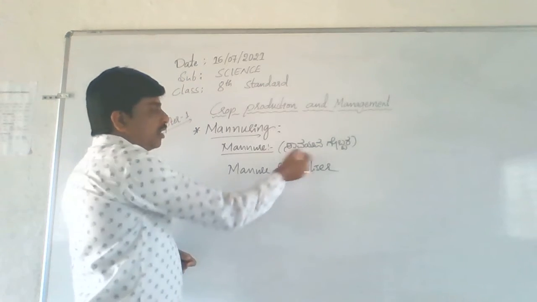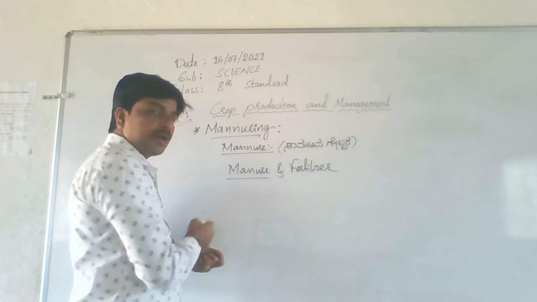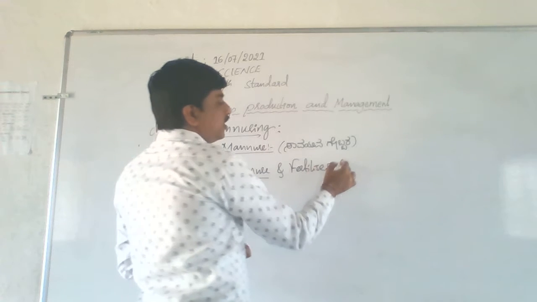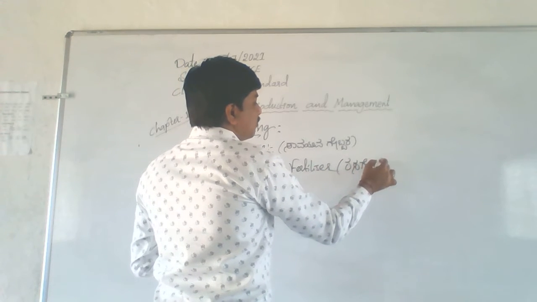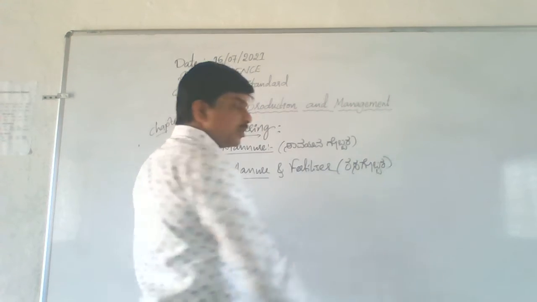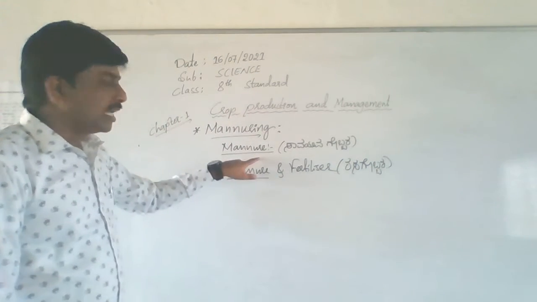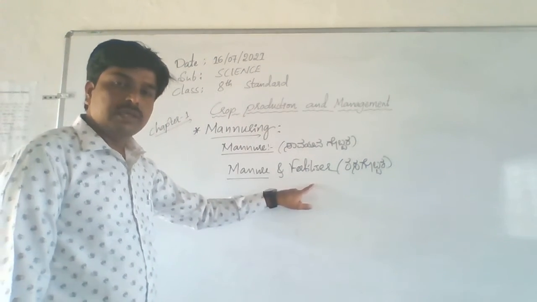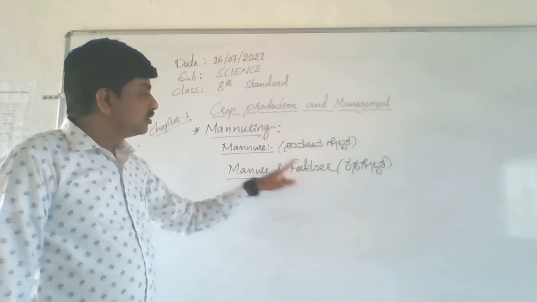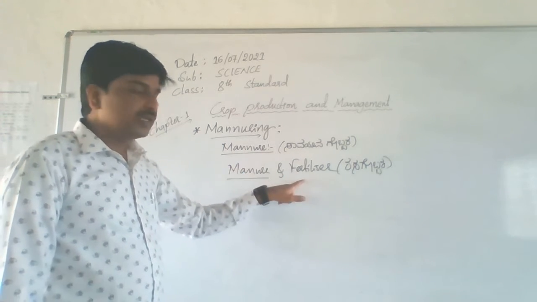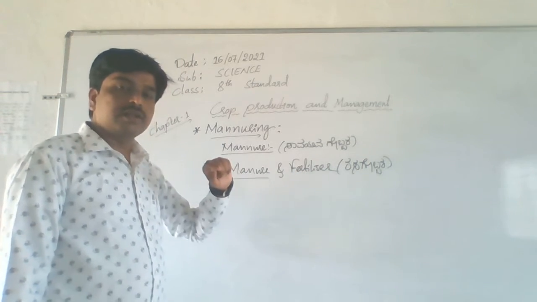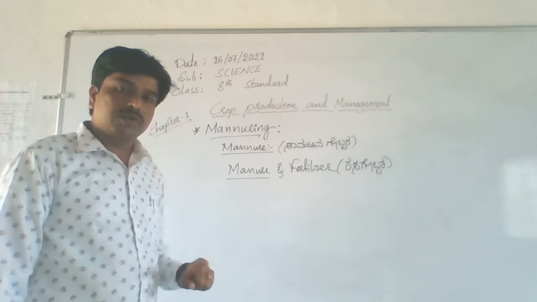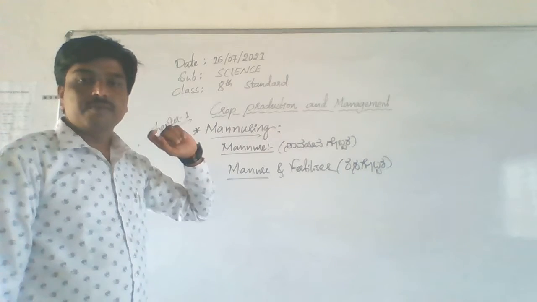Okay? Manure, as already said, means organic fertilizer (ಸಾವಯವ ಗೊಬ್ಬರ). Fertilizer means chemical fertilizer (ರಸಗೊಬ್ಬರ). Understand? So this is natural, this is chemical. This is a natural manure, this is a chemical manure. In Kannada it is called ರಸಗೊಬ್ಬರ, also ರಾಸಾಯನಿಕ ರಸಗೊಬ್ಬರ, the chemical fertilizer.